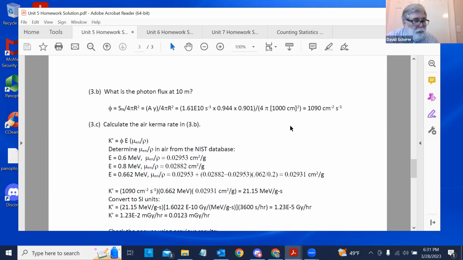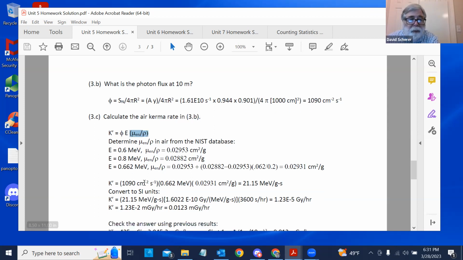Anyway. Okay, so now I've got this formula. It's the fluence times mu n over rho. I figured out what mu n over rho is. The fluence we calculated up here is 1090, and times E, which is 0.662 MeV. That gave me 21.15 MeV per gram per second.